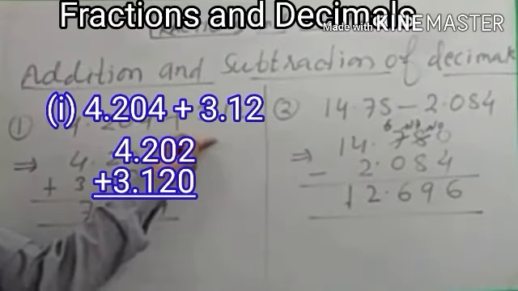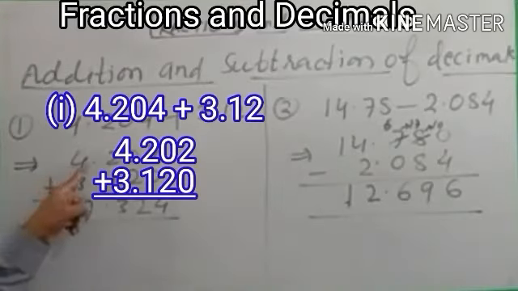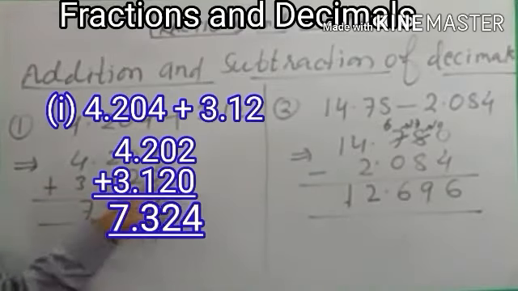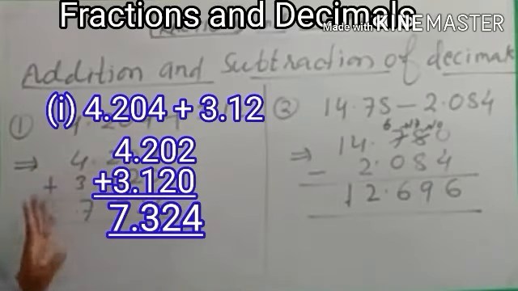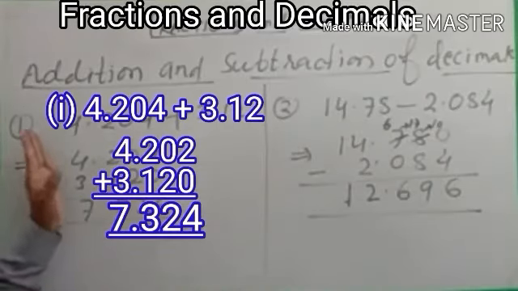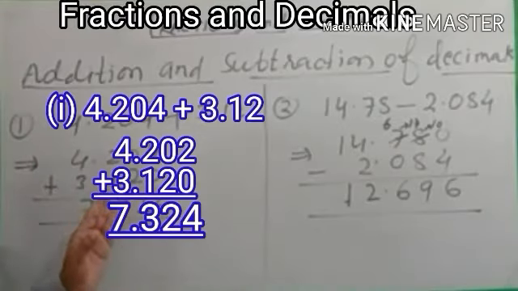We have to put 0 after 2 to make it like. 4.204 plus 3.120. 4 plus 0 is 4, 0 plus 2 is 2, 2 plus 1 is 3, and 4 plus 3 is 7. So the sum of 4.204 and 3.12 is 7.324.